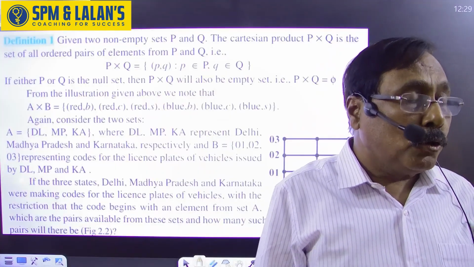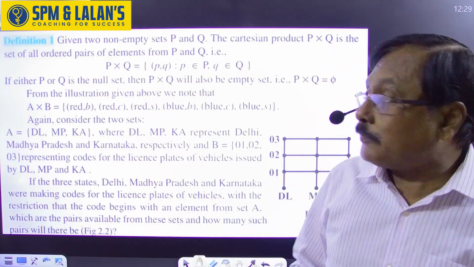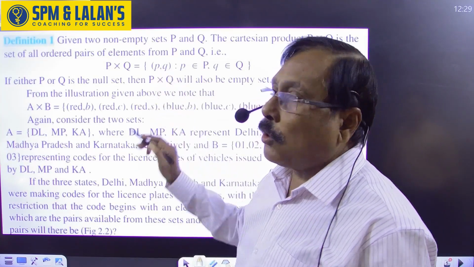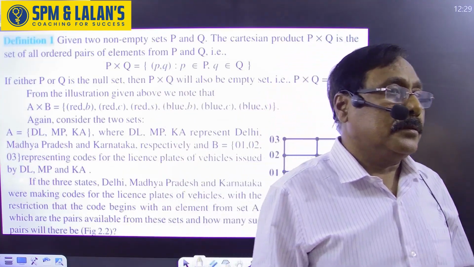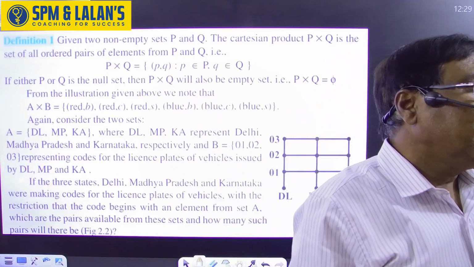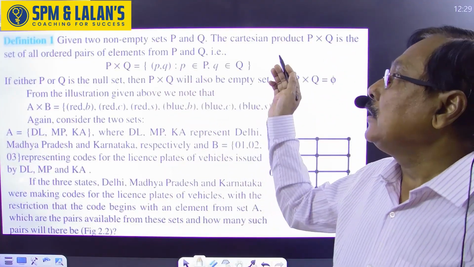Every time we have to consider the order. Because of that, the first element of the ordered pair is called the domain, and the second is called the codomain of the relation.